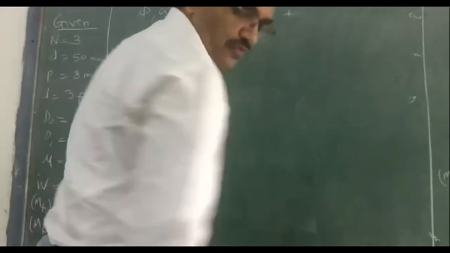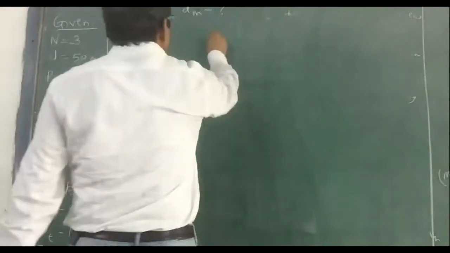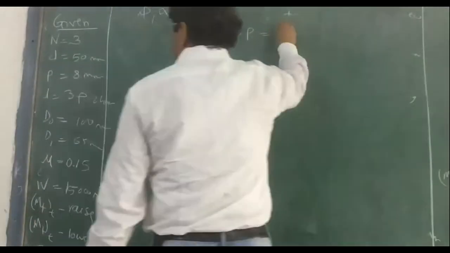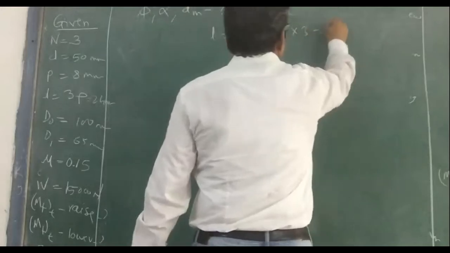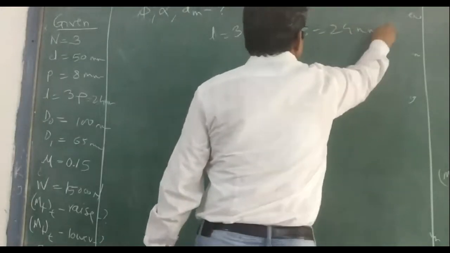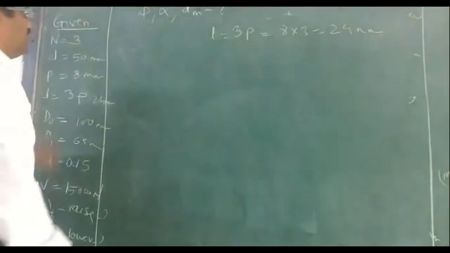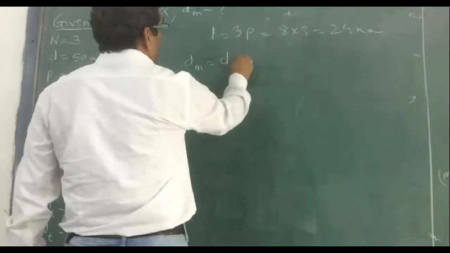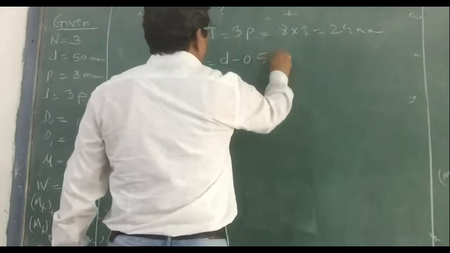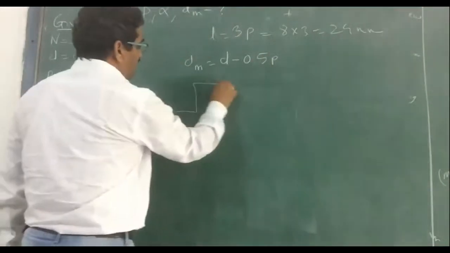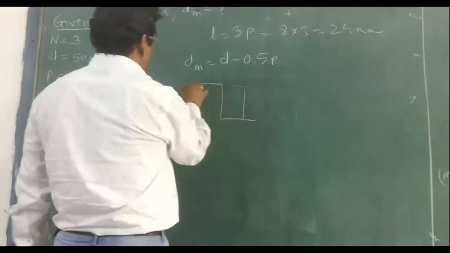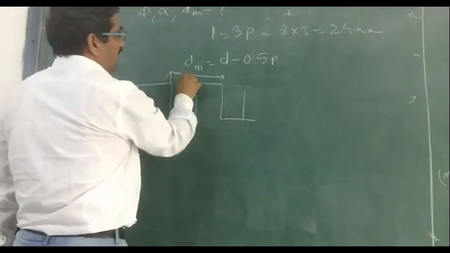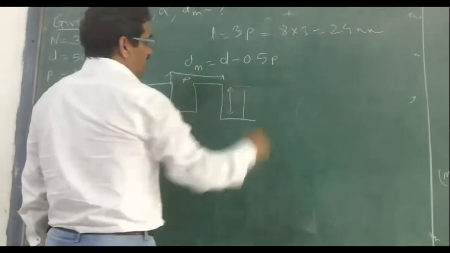Okay. First, the lead L is equal to 3 into 8, which is 24 mm. Now the mean diameter dm is always equal to the nominal diameter minus 0.5 times the pitch. We have seen this for the square thread: this is the pitch, and this is half of the pitch.